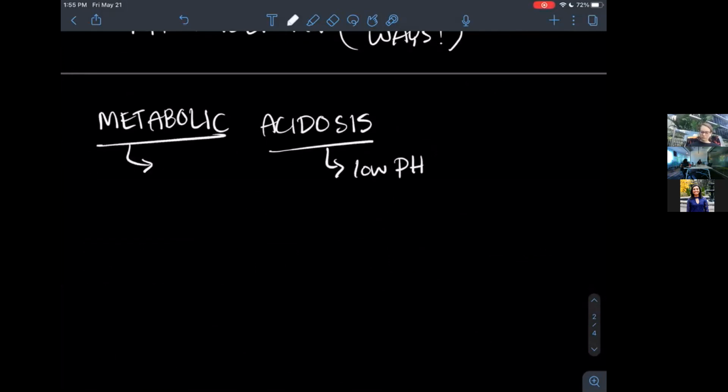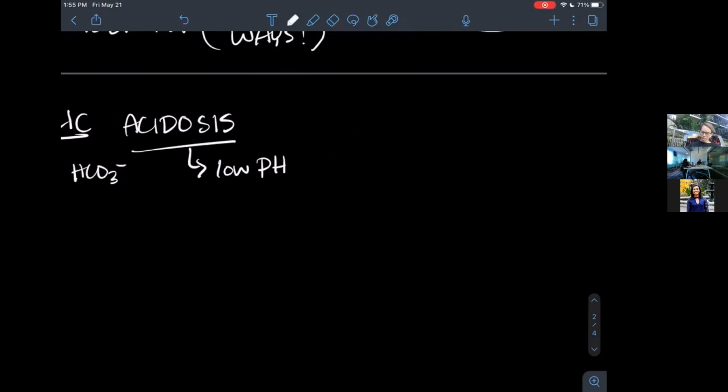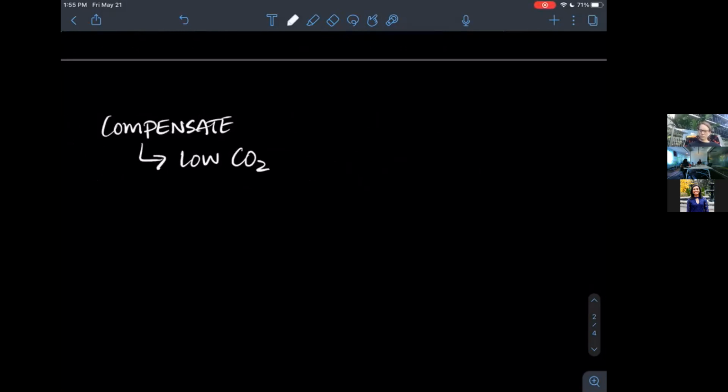Metabolic means that you have a low bicarb. You compensate by having low CO2 as well. Again, why is that?